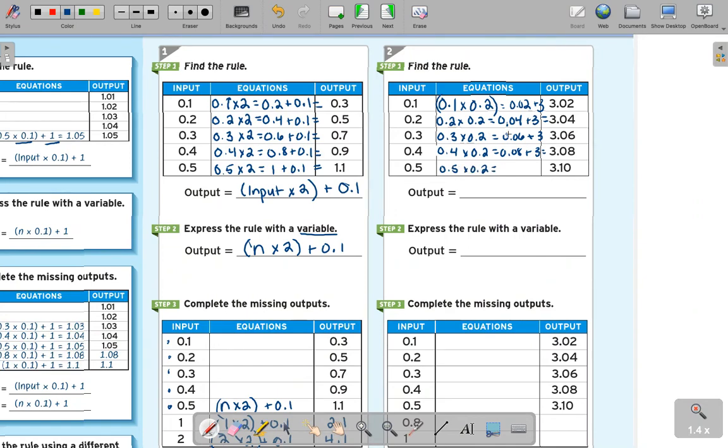Well, that equals 10/100. And then I add 3, 3 10/100. I feel pretty good with my rule. It worked every single time. So my rule must be the output is equal to the input times 2/10 plus 3. But to make it easier, n times 2/10, find that answer, add 3 to it.